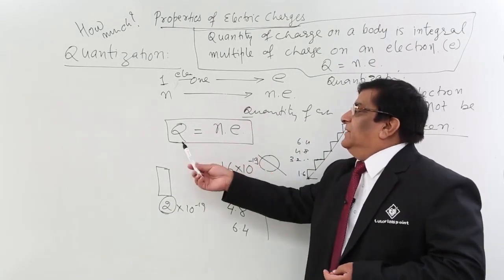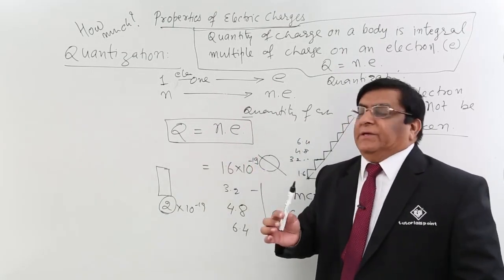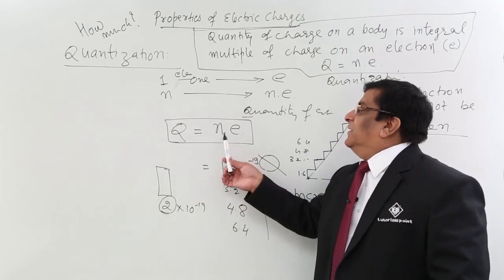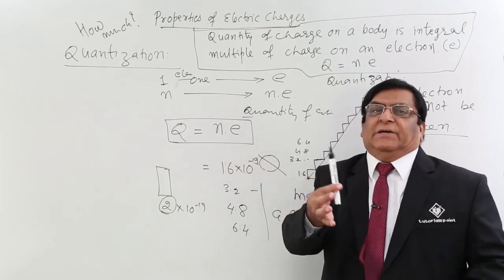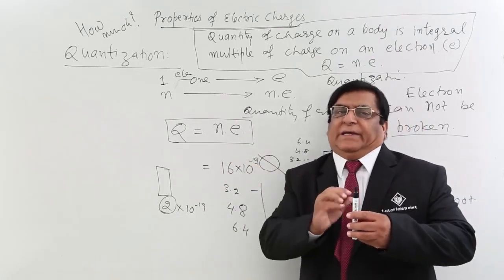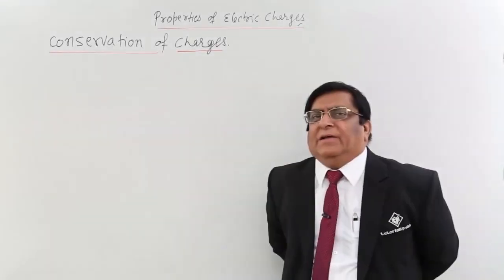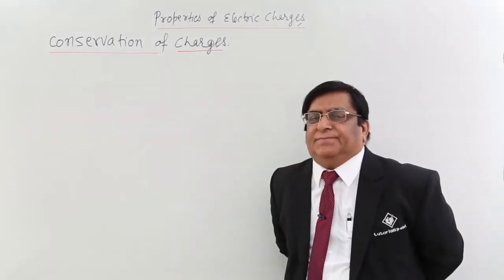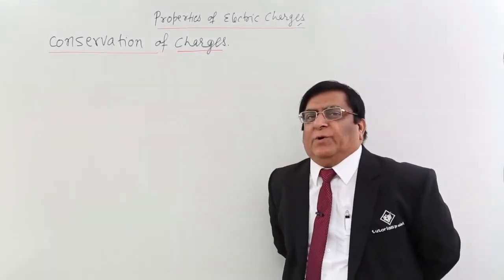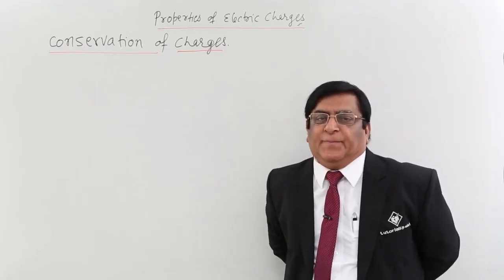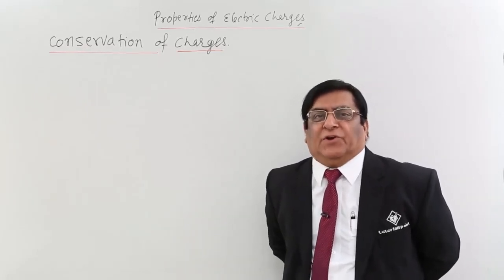The charge on any body will be counted by the number of electrons which are shifted, either taken out or taken in. In our nature, in physics, there are so many quantities which are conserved. There are many conservation laws.